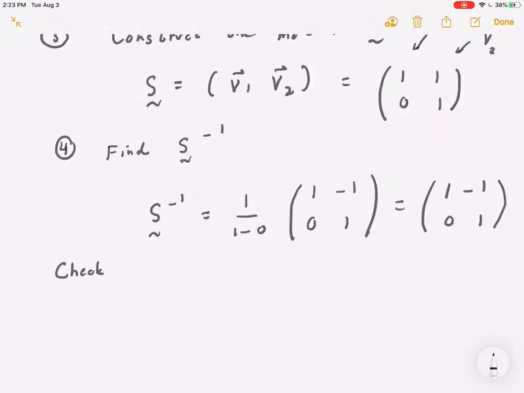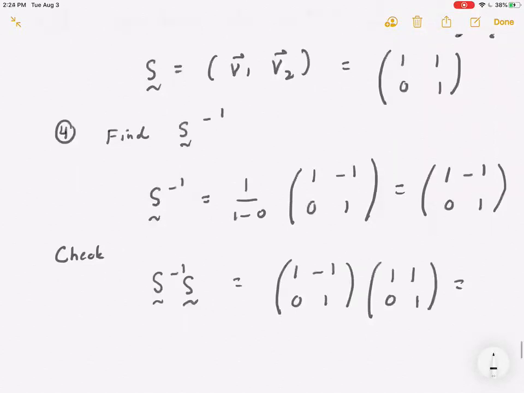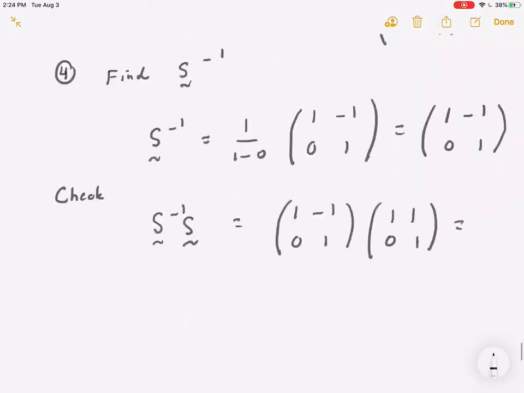So in fact, if I take the inverse of S and multiply it by S, that's going to be this matrix times this matrix. And it's easy to see that this is simply going to yield the identity matrix.